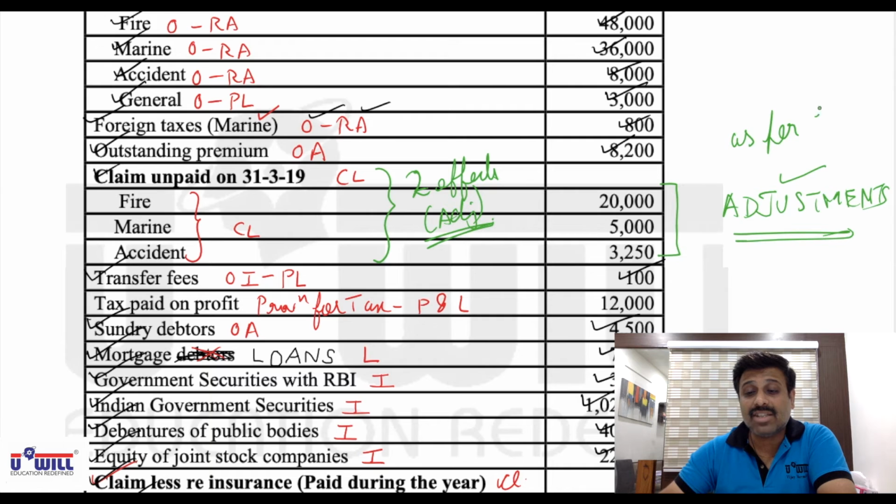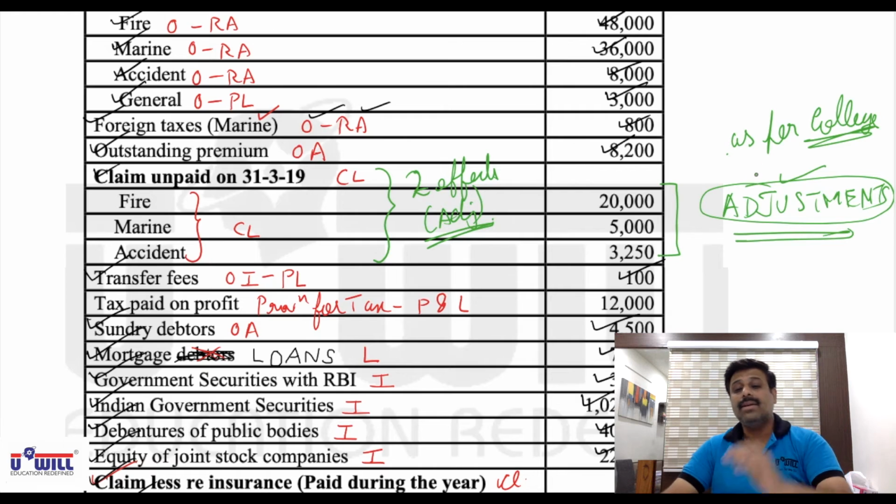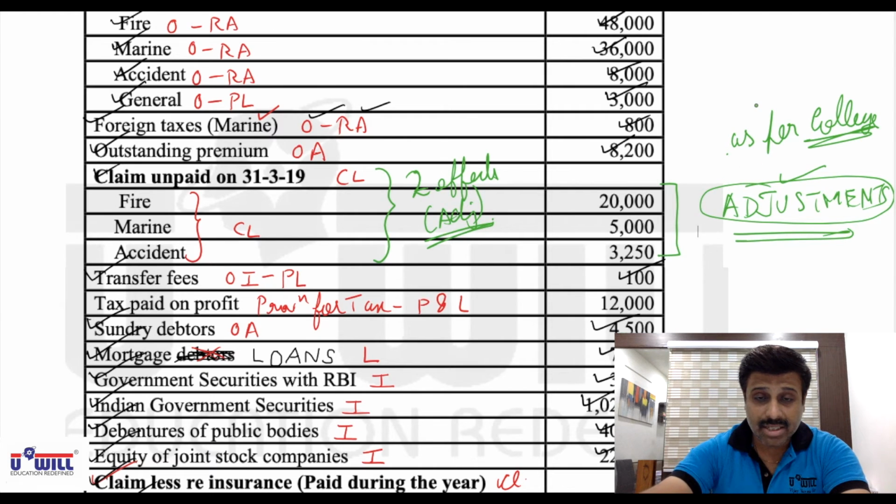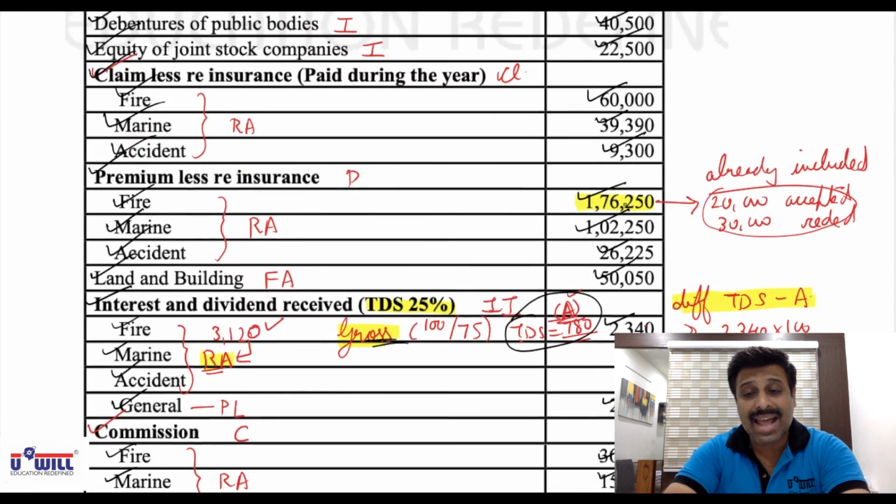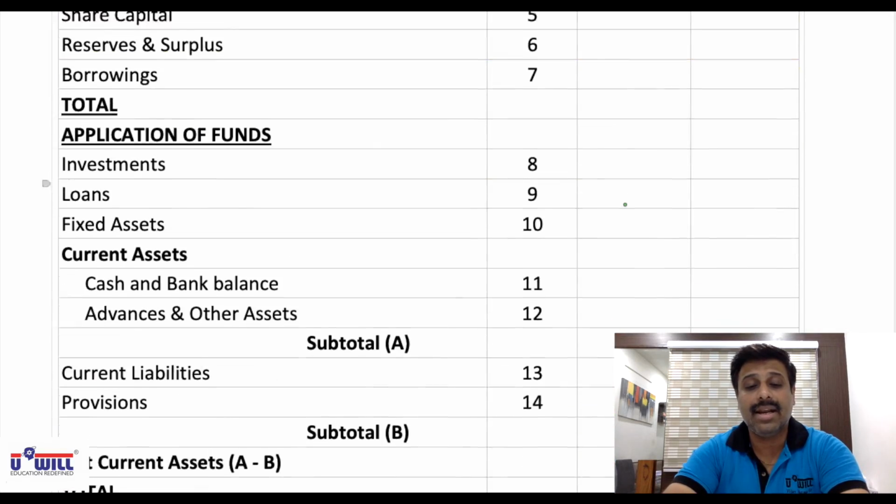So what they have done is, though it is given in trial balance, they have given two effects of this unpaid claims. It means actually in the question it should be given in adjustment and not in trial balance. But following what is done in college, we have to add this in claims as well as show it as current liability.